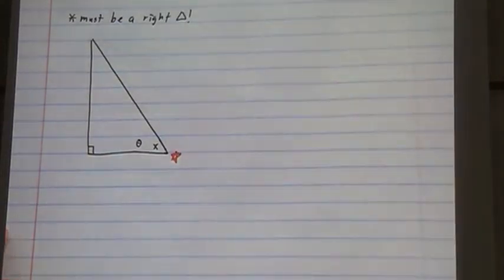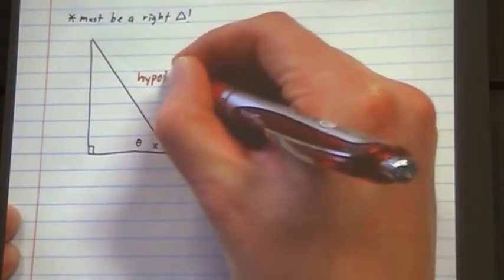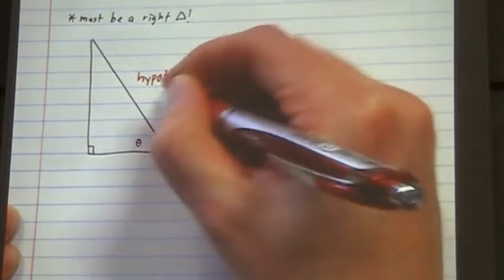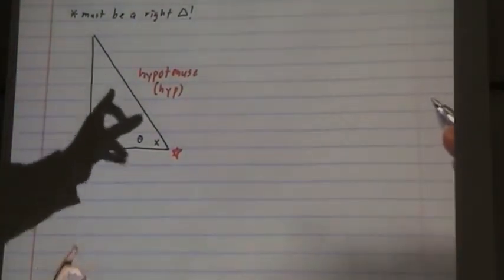So, from this angle, we are going to label the triangle. We're going to label the opposite side, the adjacent side, and the hypotenuse. Hypotenuse, we know that, is across from the 90. We're going to abbreviate that HYP. The hypotenuse is always the hypotenuse, regardless of which angle you're playing with.